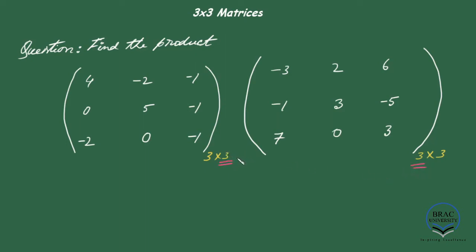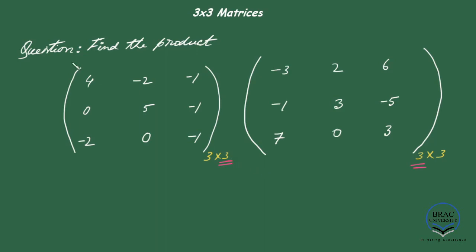This number represents the column number of the first matrix, so it has 3 columns, and this number represents the row number of the second matrix, and this has 3 rows. So these two numbers have to be the same. Only then will they qualify for multiplication. In this case, they check, so we're going to be able to multiply them.